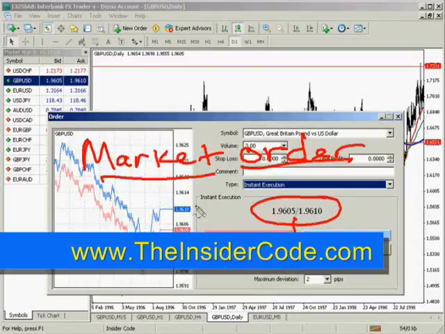Because if you think about it, the market right now, if we want to sell, is 96.05. Well, what happens if the market starts going down? Well, the market could easily change to 96.02, 95.99, 95.95. The market could go down, couldn't it?